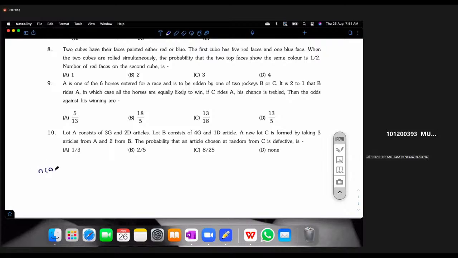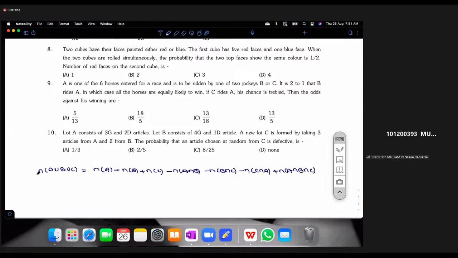You have N of A union B union C is equal to N of A plus N of B plus N of C minus N of A intersection B minus N of B intersection C minus N of C intersection A plus N of A intersection B intersection C.